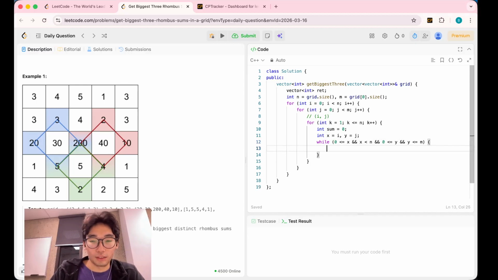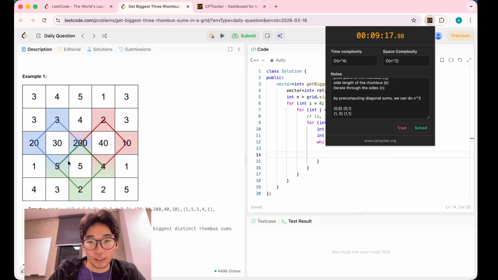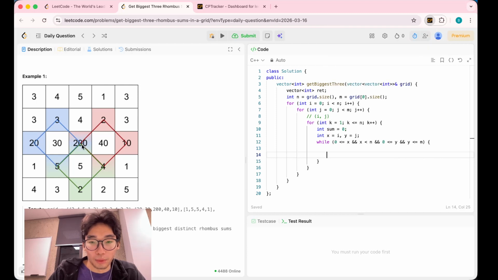Okay, after that, on this diagonal x is increasing and y is decreasing.